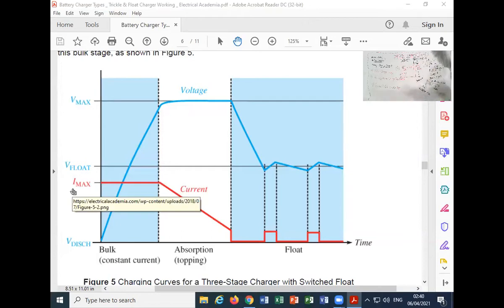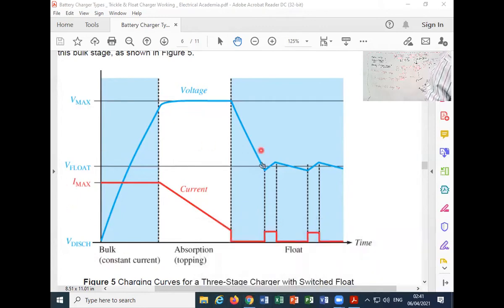So here you see, this is the graph which is telling you about the battery charging. Now look, at the start, okay, my screen is shared. At the start, when the battery has no charge, this is known as V discharged. Now what happens is that you applied 14.6 volts across the battery.